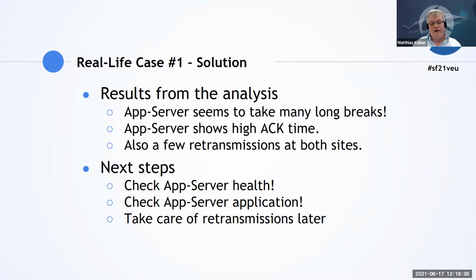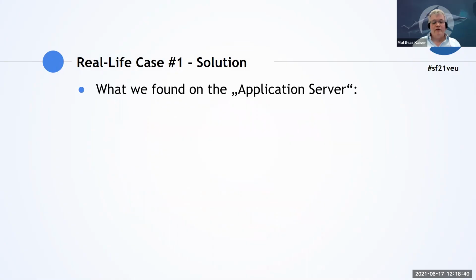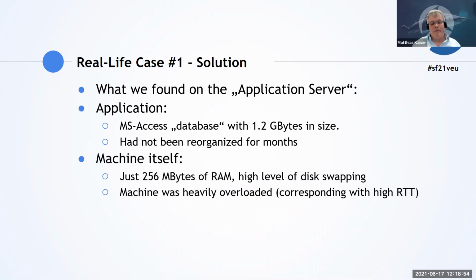Don't forget about them. Now, what we found on the app server was that the application used a data, well, they call it a database. It was Microsoft Access, huge in size, and had not been re-indexed or reorganized for months. The machine was a bit overloaded. It had 256 megabytes of RAM.